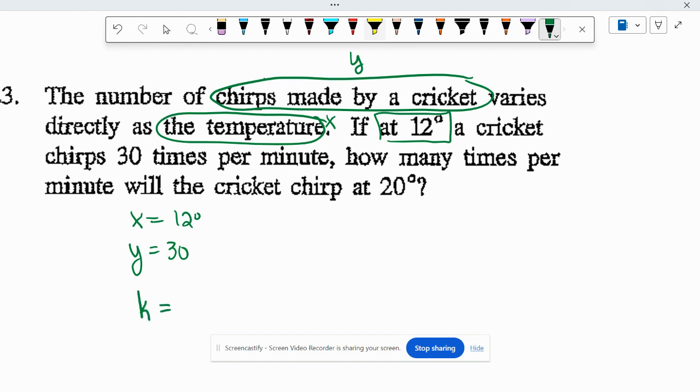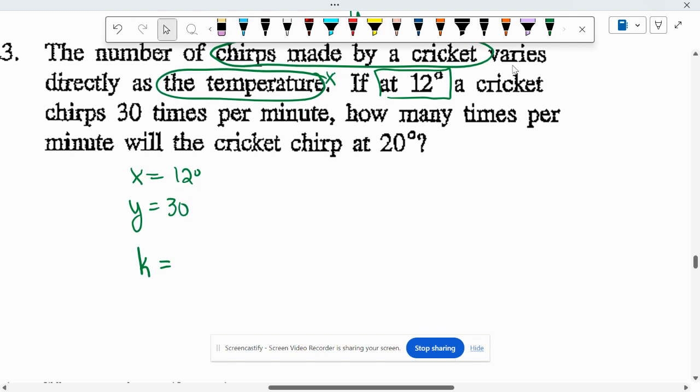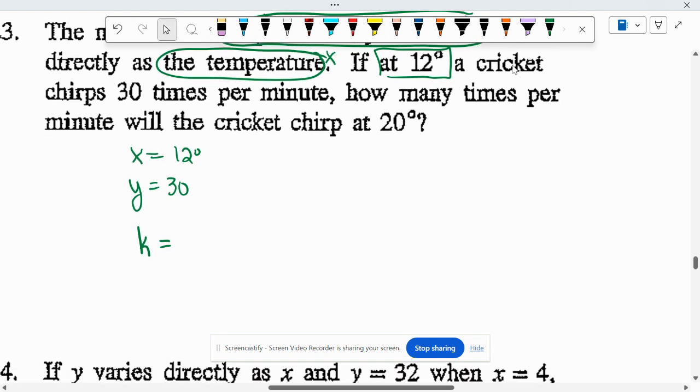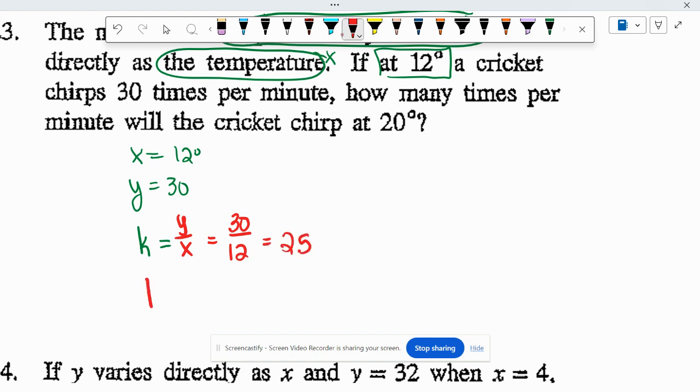What's K? Well, this is direct variation. So how do we find K when we have direct variation? y divided by x. So 30 divided by 12 is 2.5. So K is 2.5.